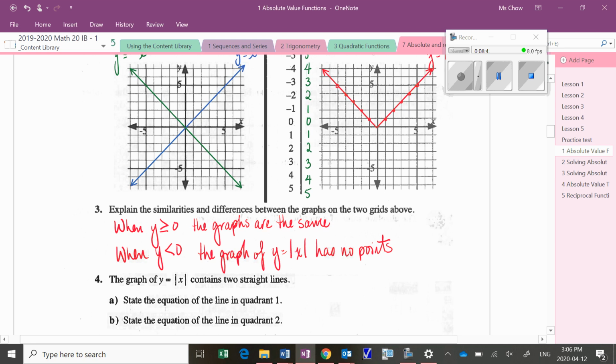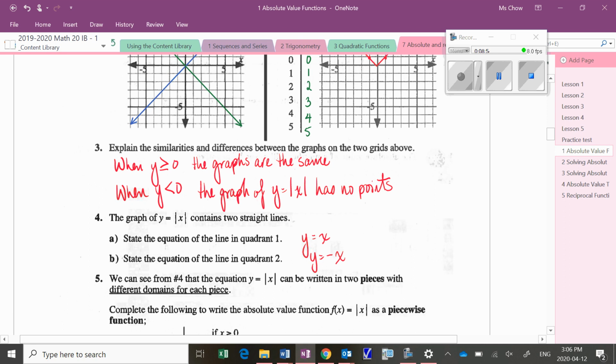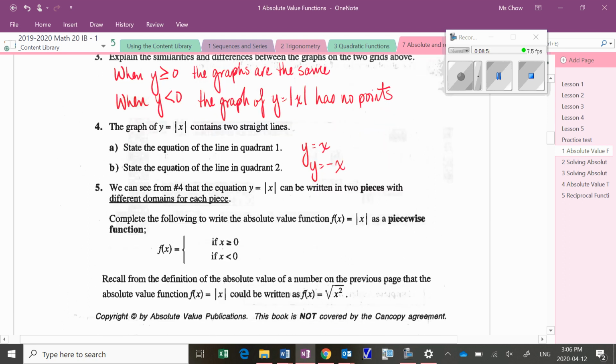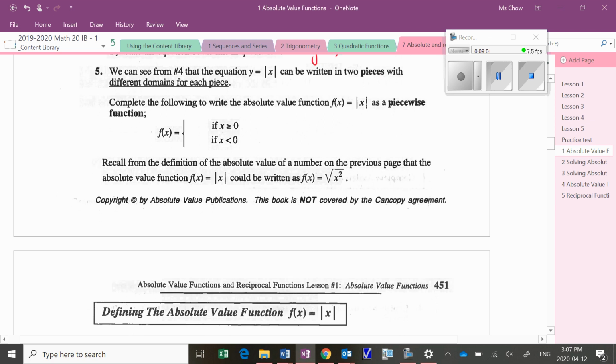And so the equation of the line in quadrant 1 is y equals x, and in quadrant 2 it's y equals negative x. So how do we then indicate that it's those two parts? We call it two pieces actually, and each has a different domain, and so that's where we call it a piecewise function.